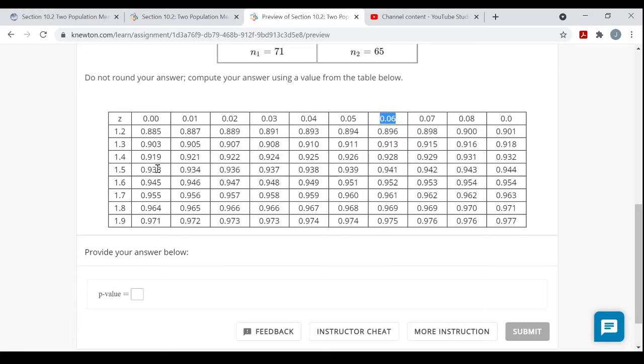So a z-score of 1.56 has this area to the left. This is 0.941.